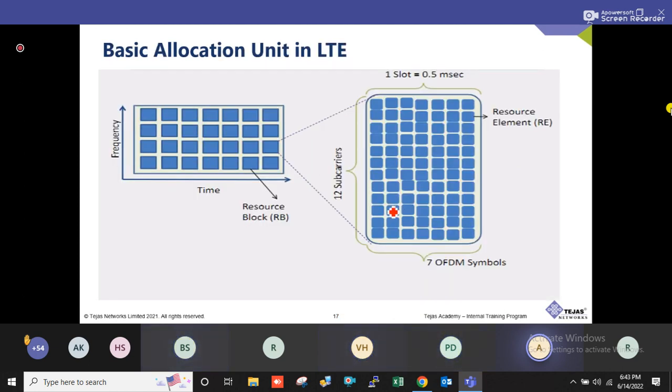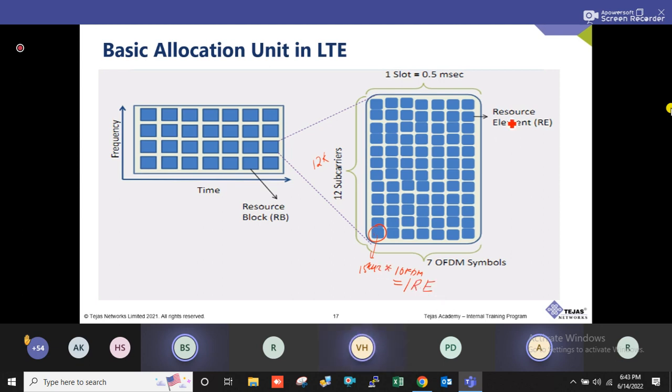Okay, now please observe this. Here we have put the complete grid of frequency and time. You can see on the frequency domain, this is 15 kilohertz, grouped into 12, in one slot. In one slot, this is 7 OFDM symbols. So this single unit, which is 15 kilohertz times one OFDM symbol, is called 1 RE.